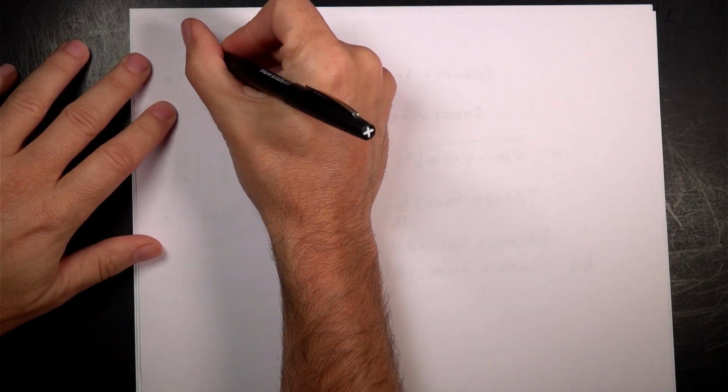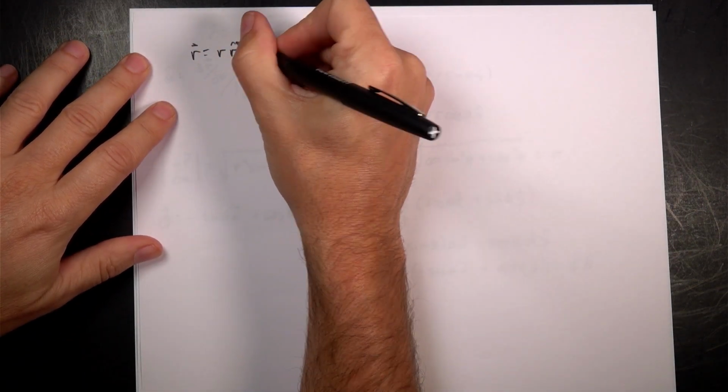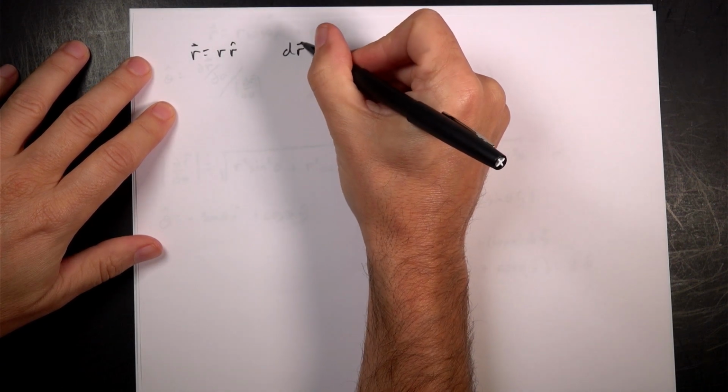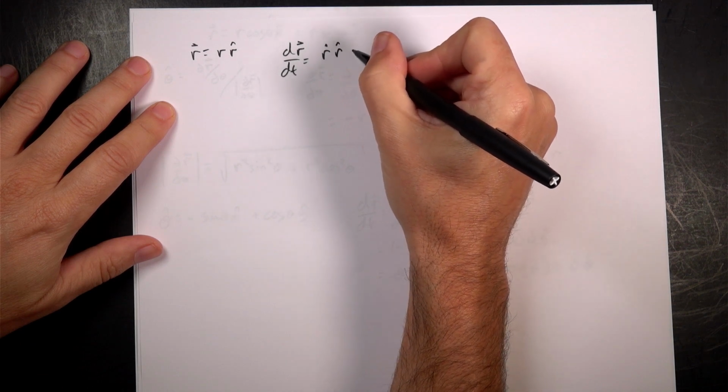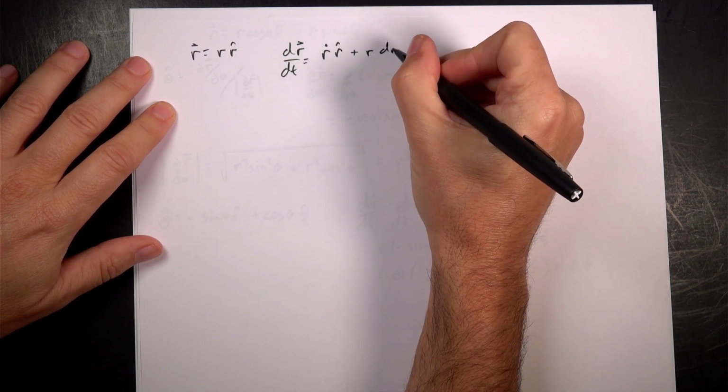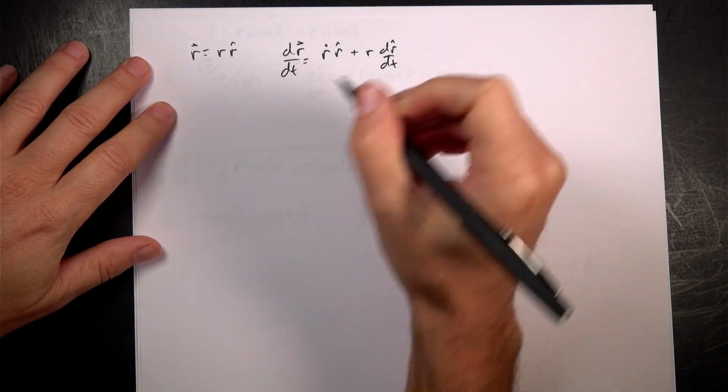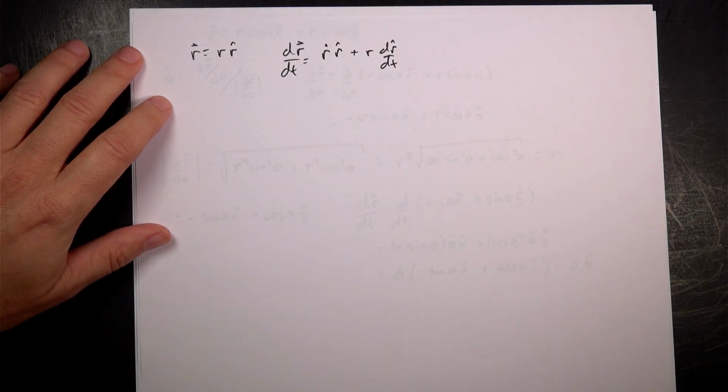So r equals r hat, dr dt, we already said this, is r dot r hat plus r dr hat dt. I did say that, right? I think I did.